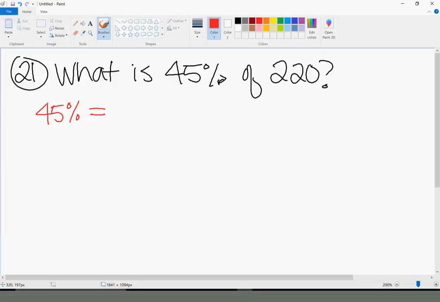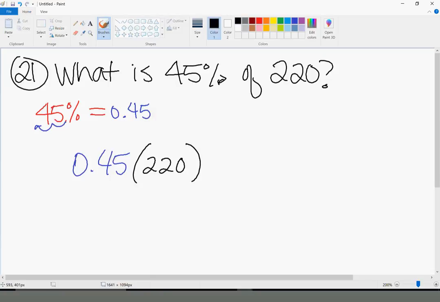So right now, 45%, the decimal would be here after the 5. So if we move that 2 to the left, we would get 0.45. So 0.45 equals 45%. Then we can take that 0.45 and then multiply it by 220.